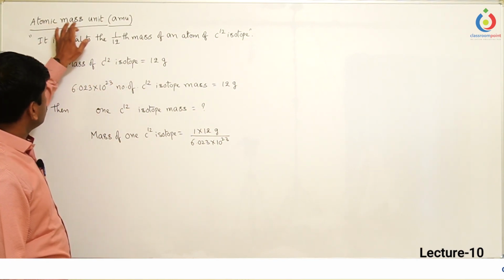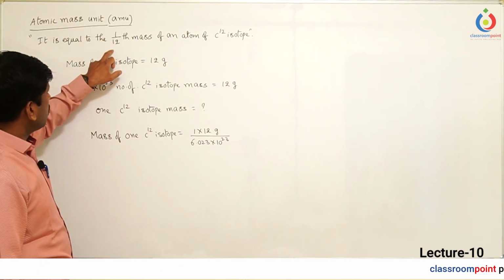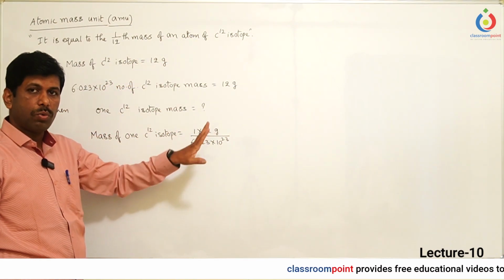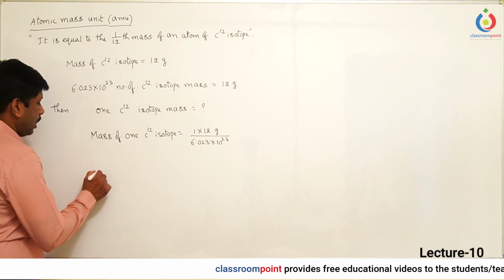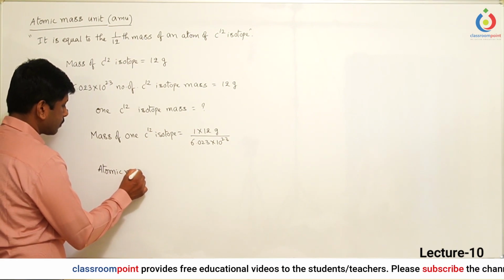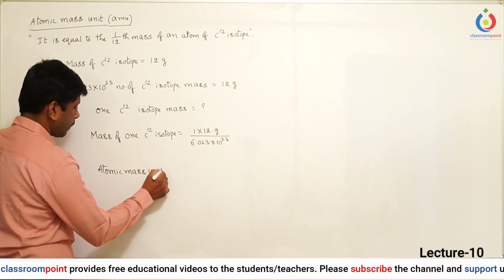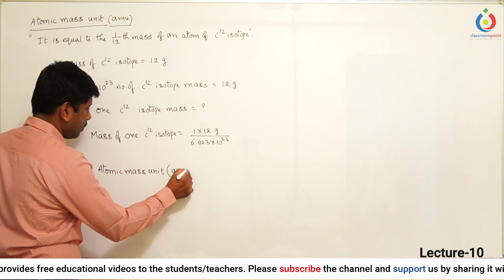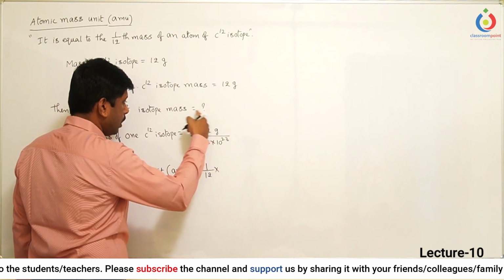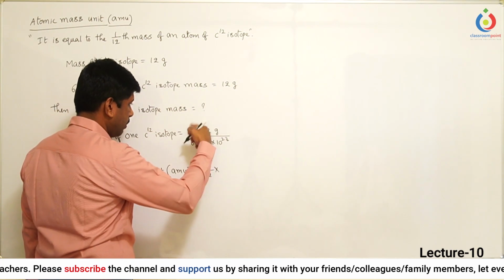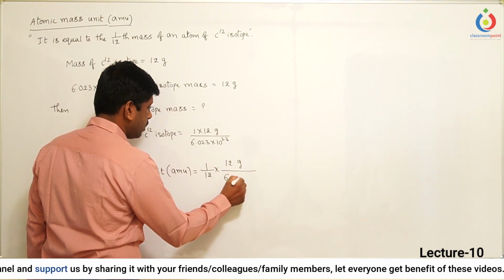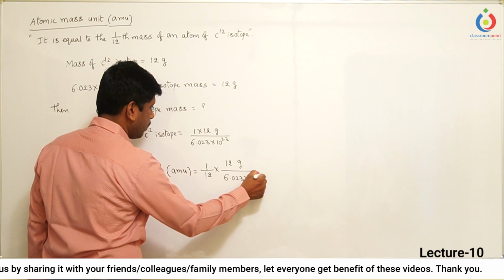But what is the atomic mass unit definition? It is 1/12th mass of an atom of C12 isotope. Means in this value we have to again take the 1/12th value. So now atomic mass unit, that is AMU, is equal to 1/12th of an atom of C12 isotope mass. An atom of C12 isotope mass is this much: 12 grams divided by 6.023 into 10 power 23.